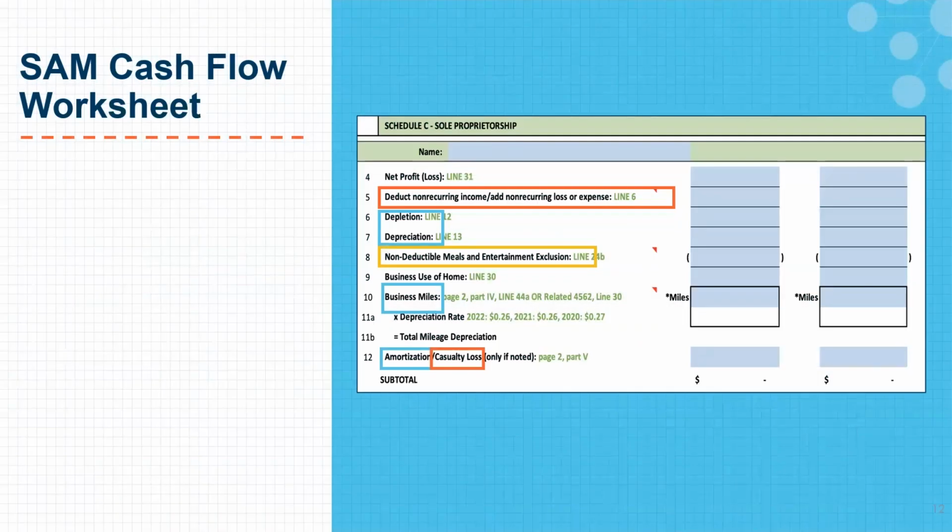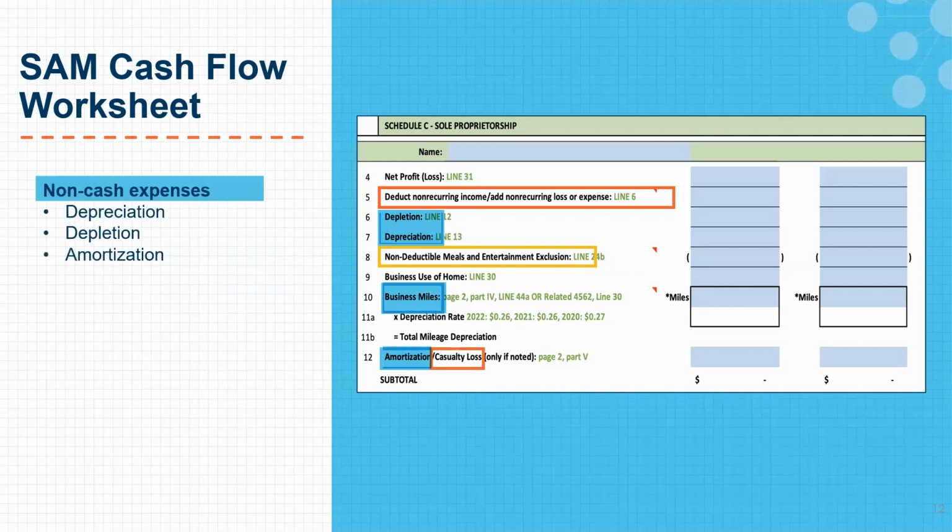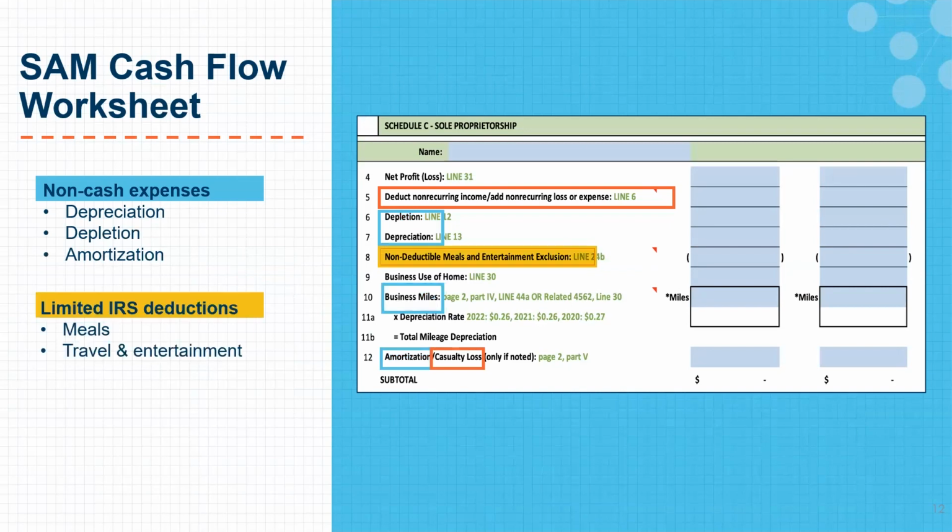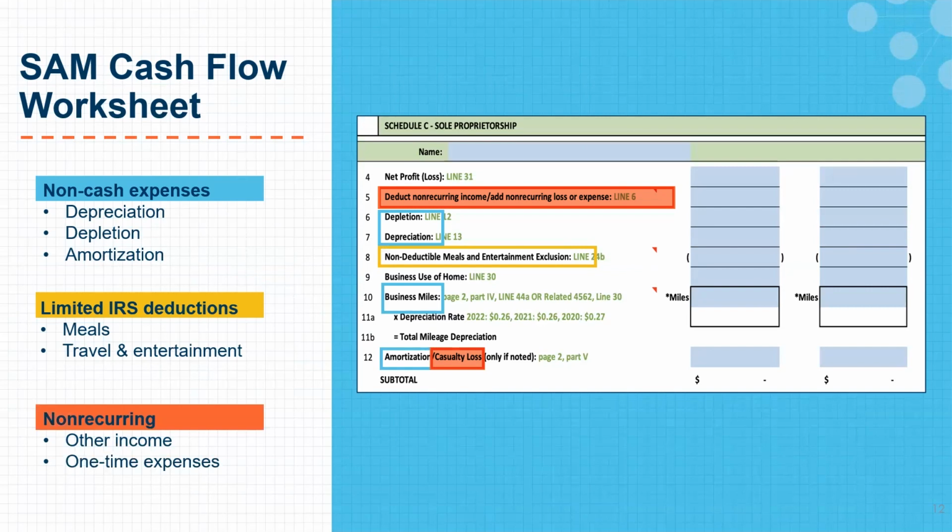Regardless of which worksheet you use, each of the 3 key concepts is included. So looking at a visual representation, you can see the same 3 key concepts running through the worksheet: non-cash expenses, limited IRS deductions, and non-recurring income and one-time expenses. Let's break these down further.